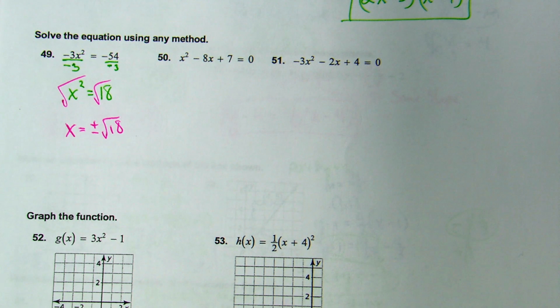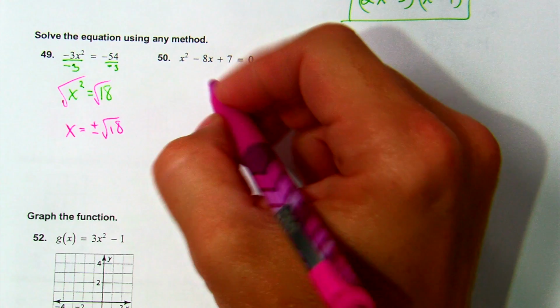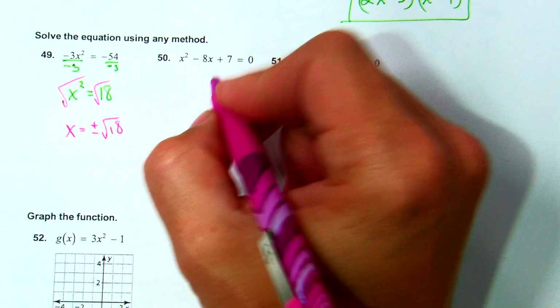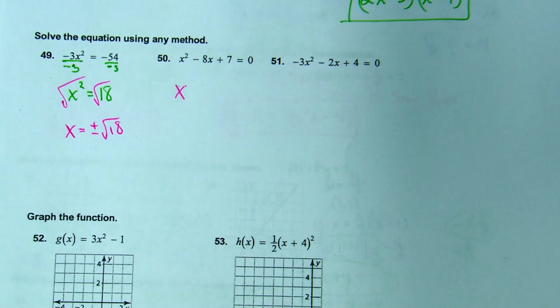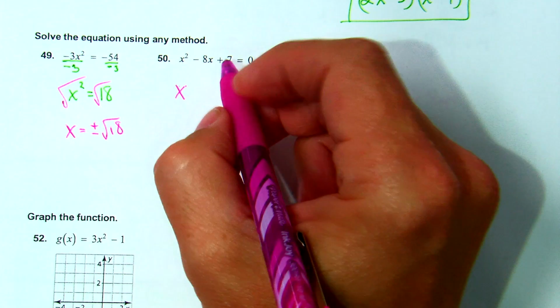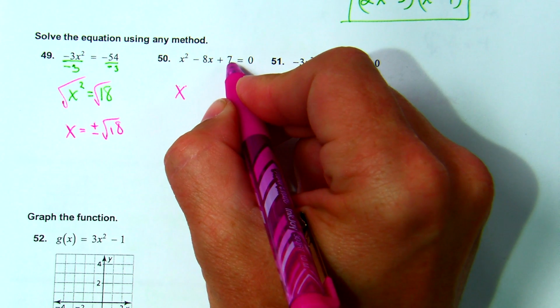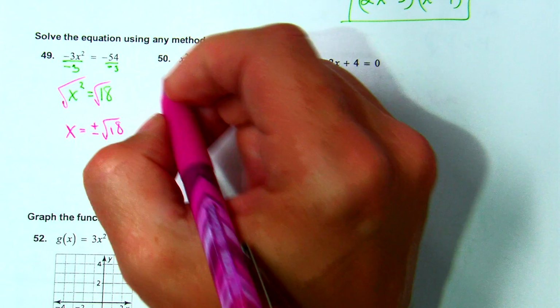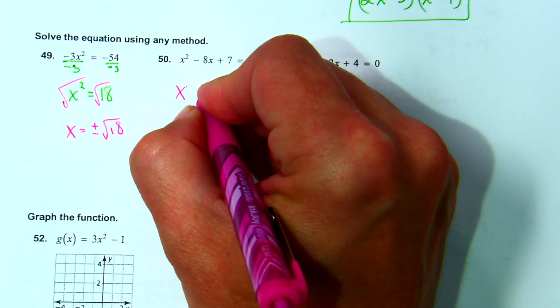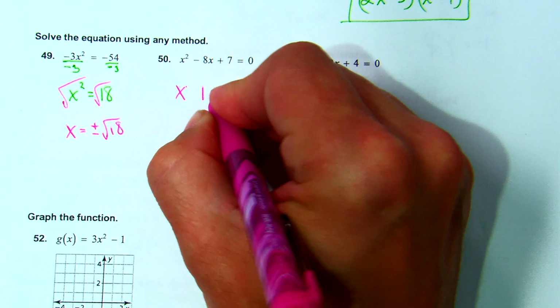All right, so the last couple here, we're going to skip over, well, we could do 50 real fast. If I'm getting used to factoring pretty quick, I know that I've got to multiply to be 7, add to be negative 8. There's only 2 factors for 7, so it's going to have to be a 1 and a 7, right?